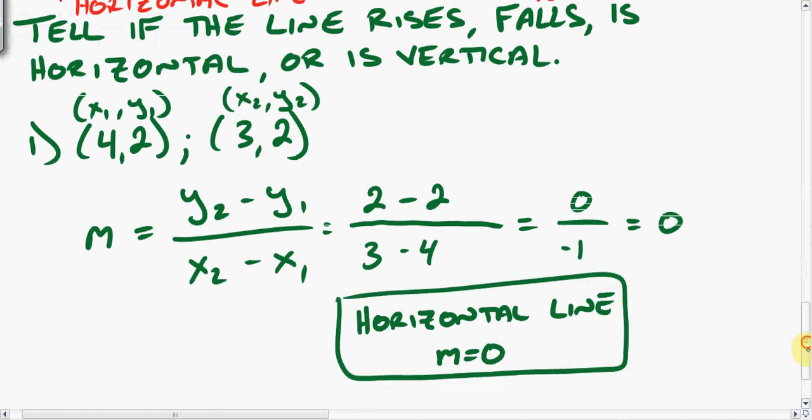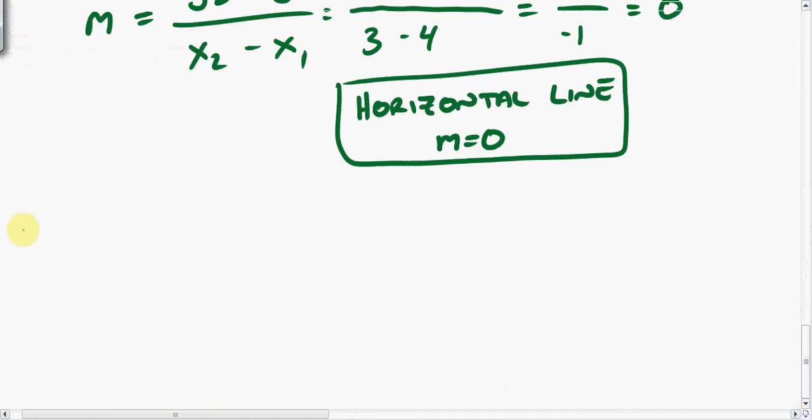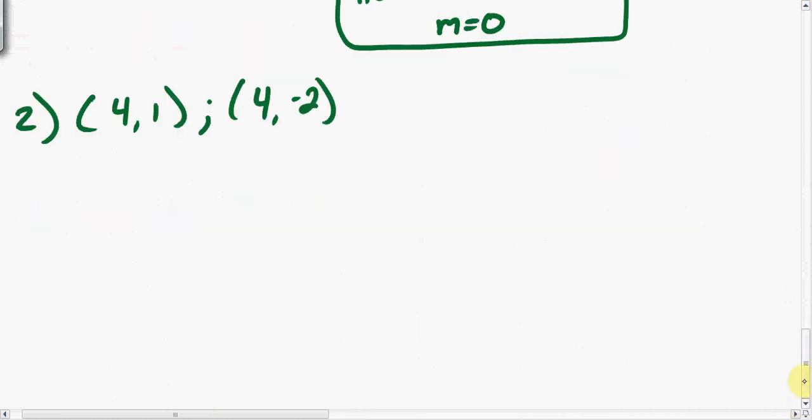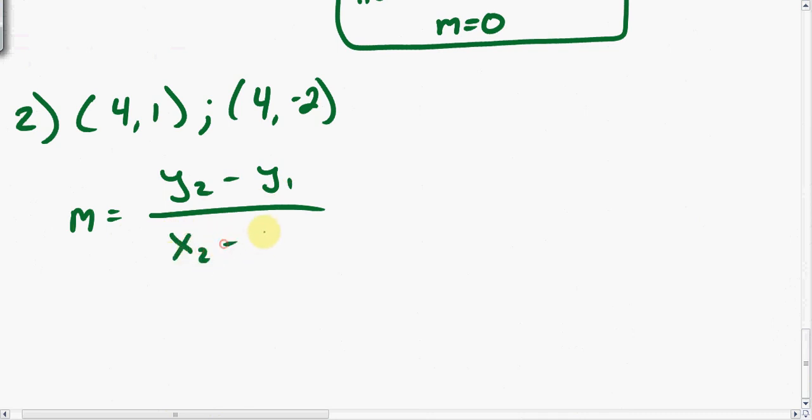Let's try one more. We'll do number 2, where we've got the point 4 comma 1 and the point 4 comma negative 2. Again, when we're given 2 points and we have to classify the lines, first step is to find the slope. So I'll write down our slope formula again: m equals y2 minus y1 over x2 minus x1.